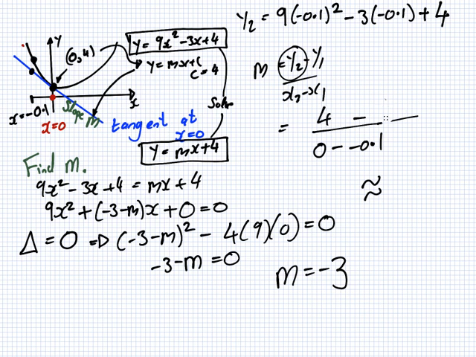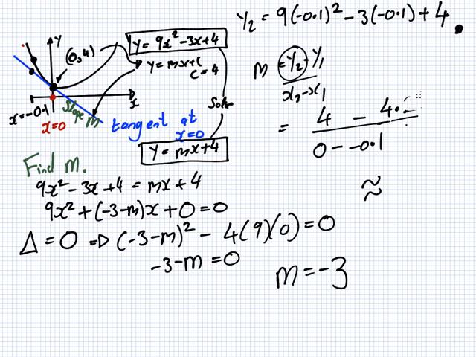Right, what did you get here for y2? 4.21. Are you sure? I don't know. Guys, I'm waiting here. What do you get when you type this in on the calculator? 4.39.